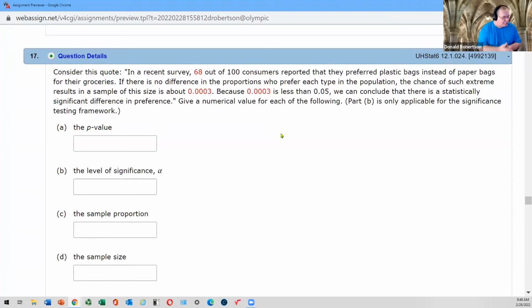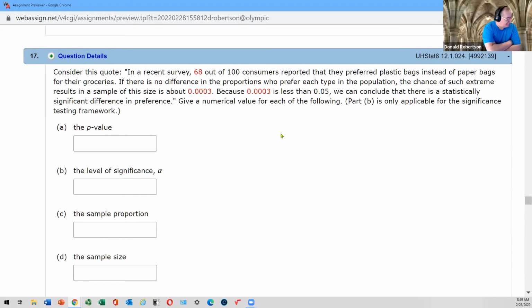Oh God, this is the last question. Okay, here goes. Consider this quote. In a recent survey, 68 out of 100 consumers reported that they preferred plastic bags instead of paper bags.